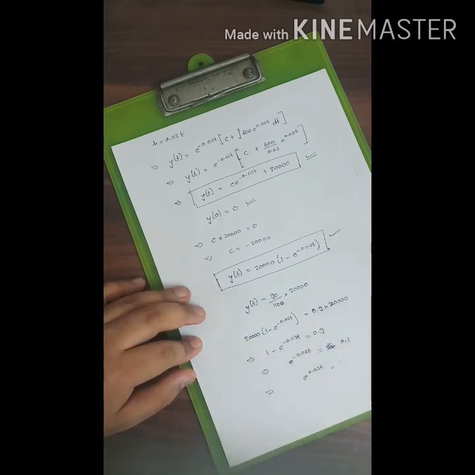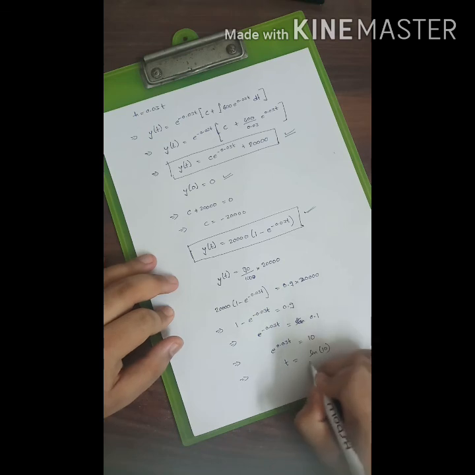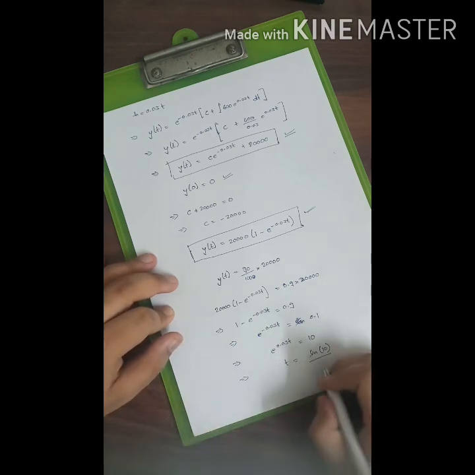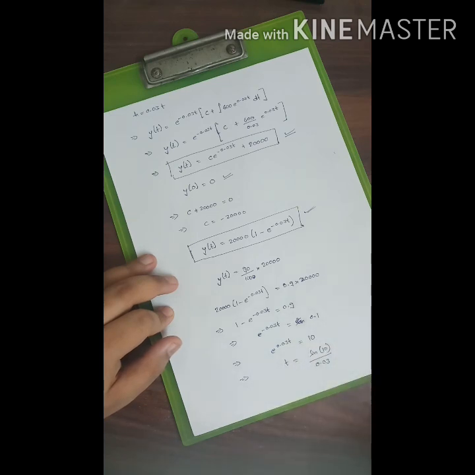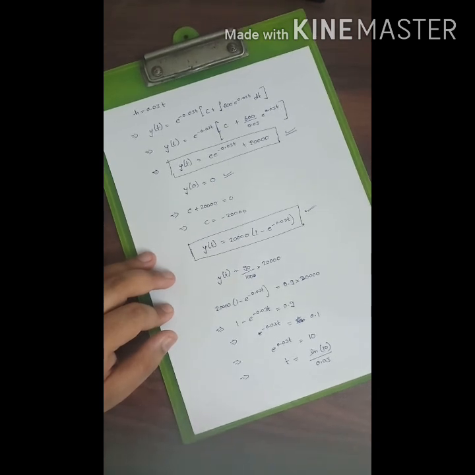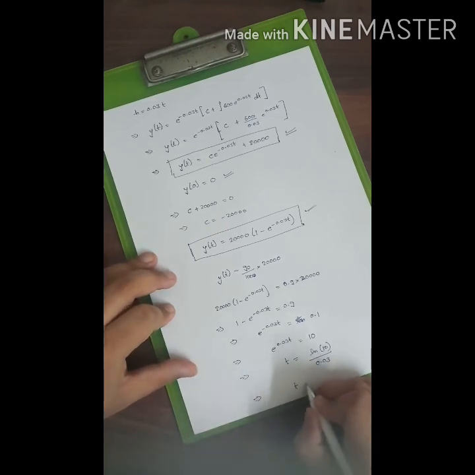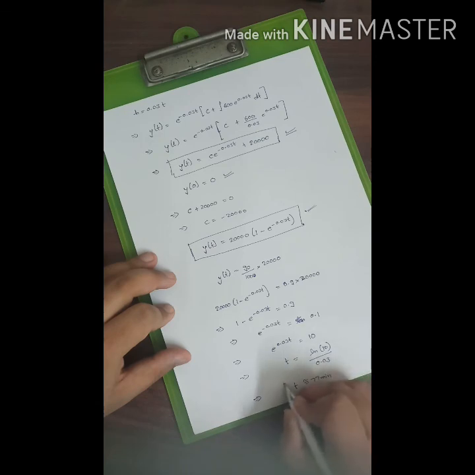Then t would be equal to the natural log of 10 divided by 0.03, and evaluating using a calculator, we get t as approximately equal to 77 minutes. So yeah, this is the solution.